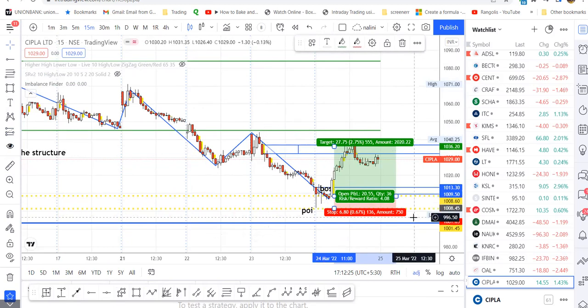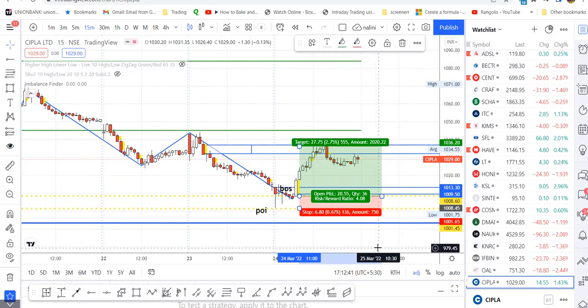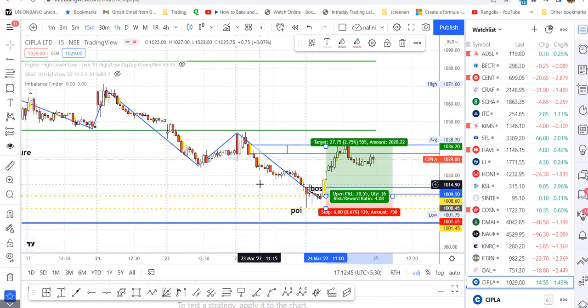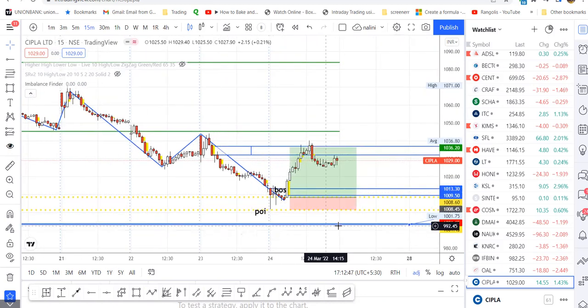So for the risk of 0.67%, you would have got 2.75%. So 1:4 gain. You could have got 1:2. This is how you can plan your trade and take the trade.